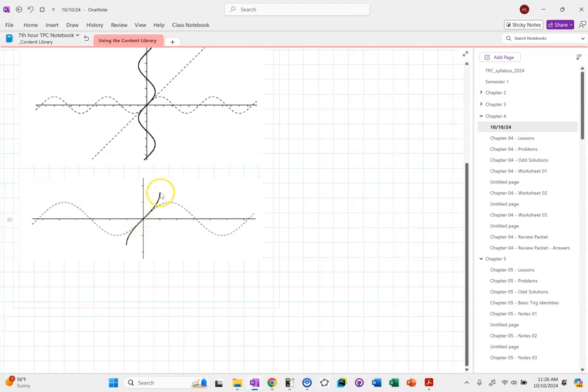What do you notice about this one that's different than the previous one? It looks like a tangent. Well, kind of, but it doesn't have an asymptote on it. But what it does do is pass the vertical line test, which is what we want. So this function here is going to be our function for sine inverse.